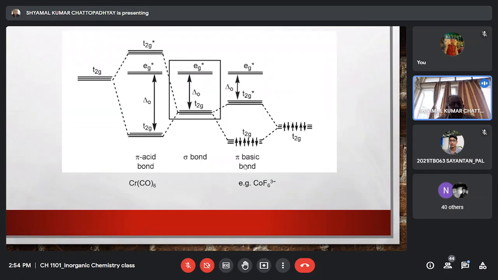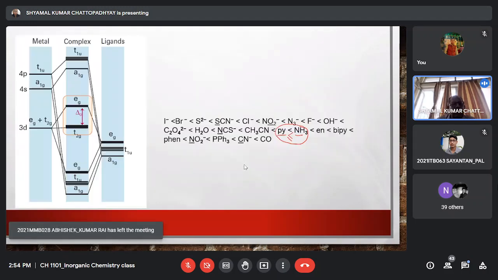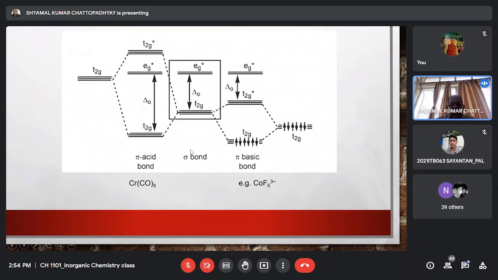So if I consider now both sigma bonding and back bonding, I have cut down the other part because that part is unaltered. That part remains the same whether there is pi bonding or not. So apart from this, the only thing that will change is this part. So I have concentrated on this part; forget about the other orbitals which are bonding and anti-bonding orbitals.